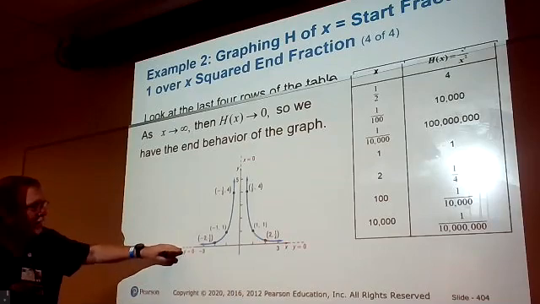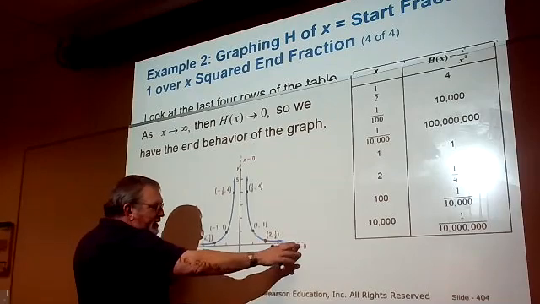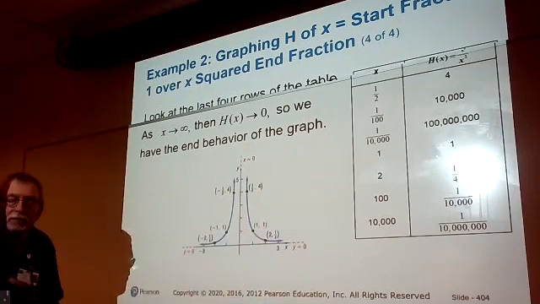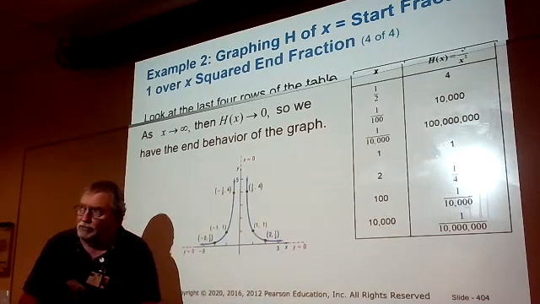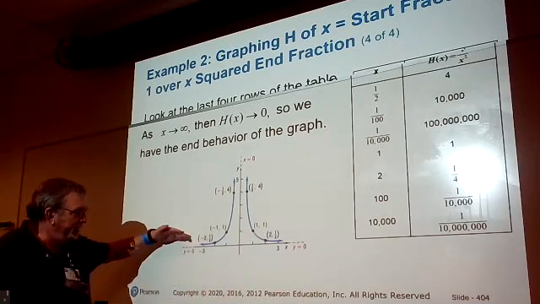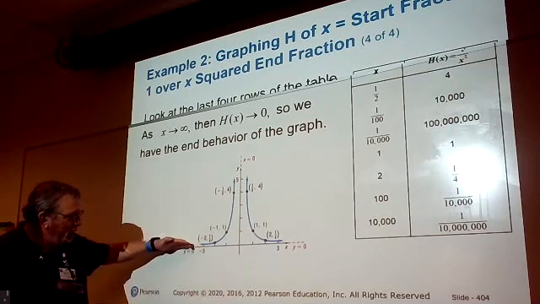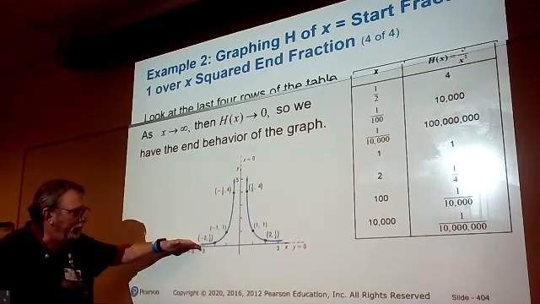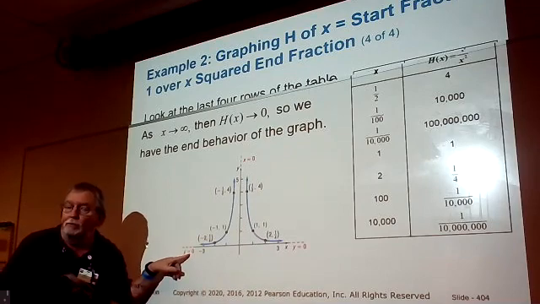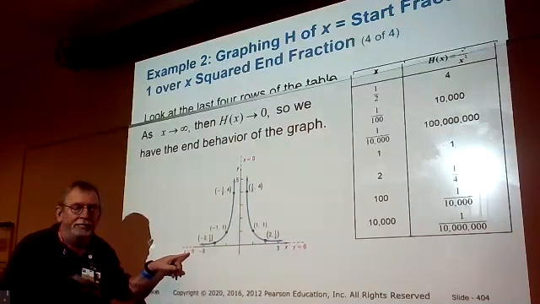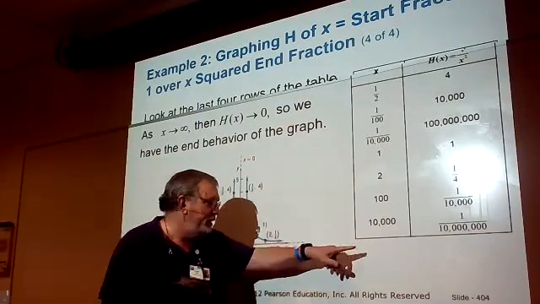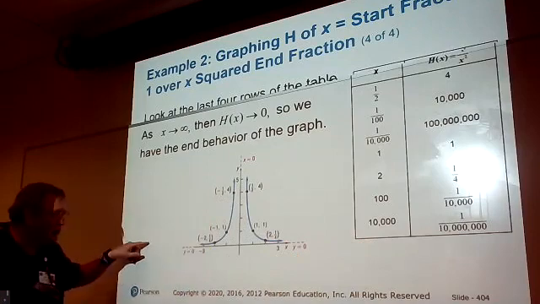And notice they put in these dashed lines that you can see it coming out. Those are what we call asymptotes. Because as x approaches infinity, the function itself is approaching 0. So we're getting closer and closer to 0 here as the x values get more and more positive or more and more negative.